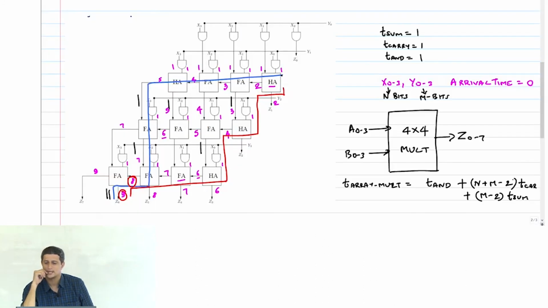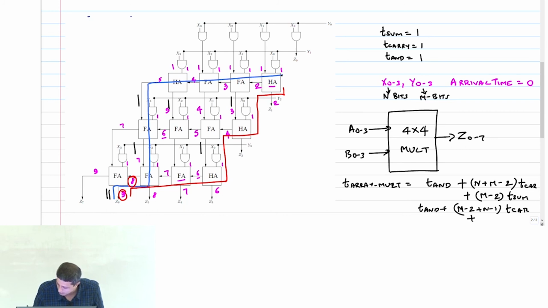So I understand that, yeah, maybe it could be this also. One path might be this. I think the other path is T and plus, let me write it differently, m minus 2 plus n minus 1 T carry plus m minus 1 T sum.